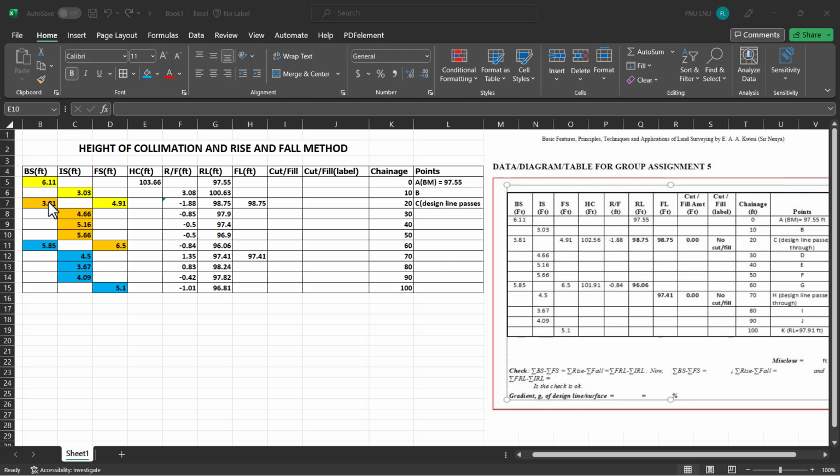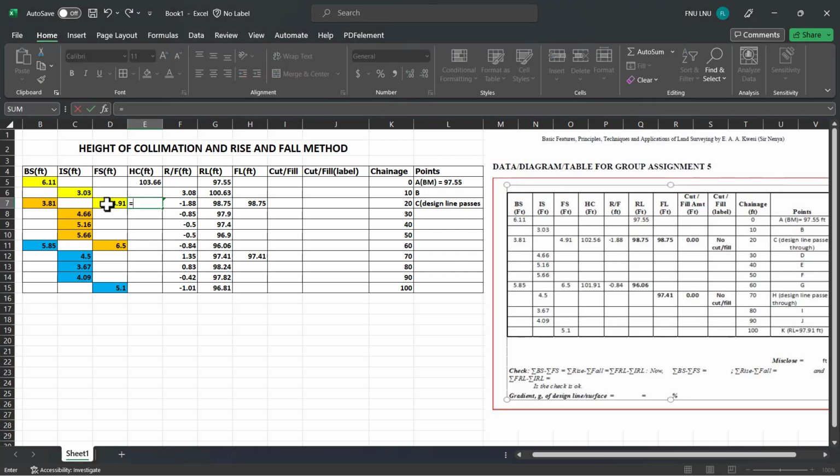So this means that we have to get the height of collimation when we set the instrument at the second station. Before you can get the height of collimation at this place, you have to add the backsight there plus the reduced level at that station. So the reduced level at that station is 98.75. Now the backsight at that station is 3.81.